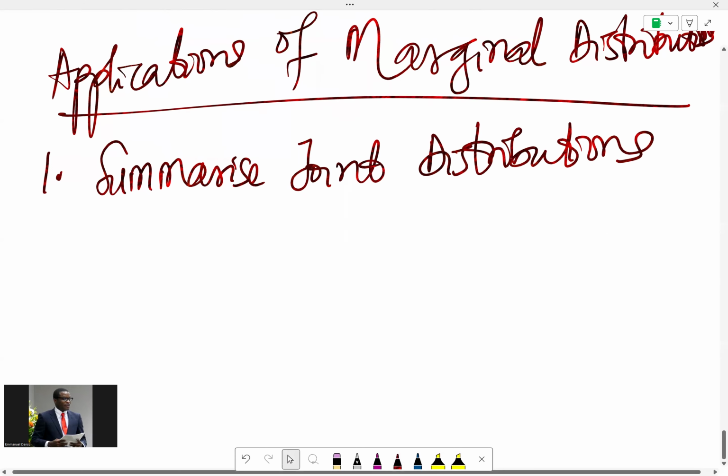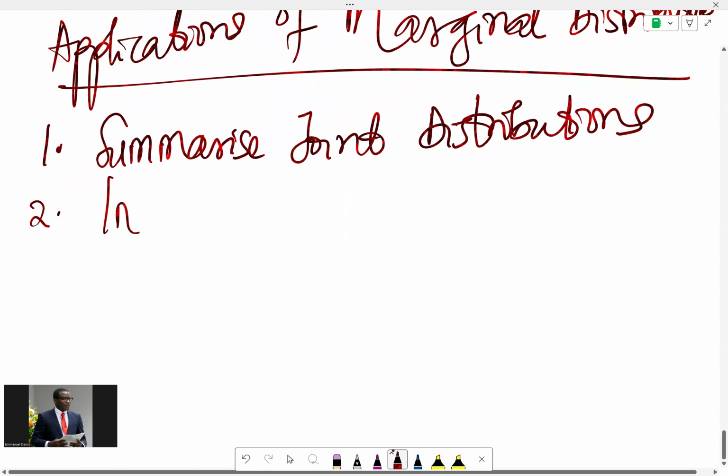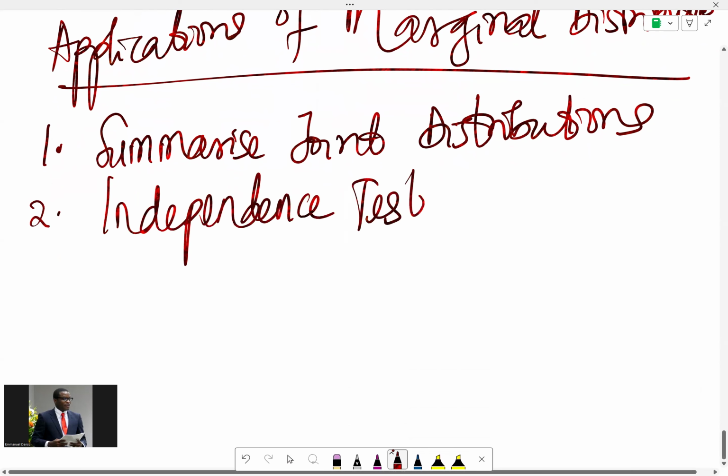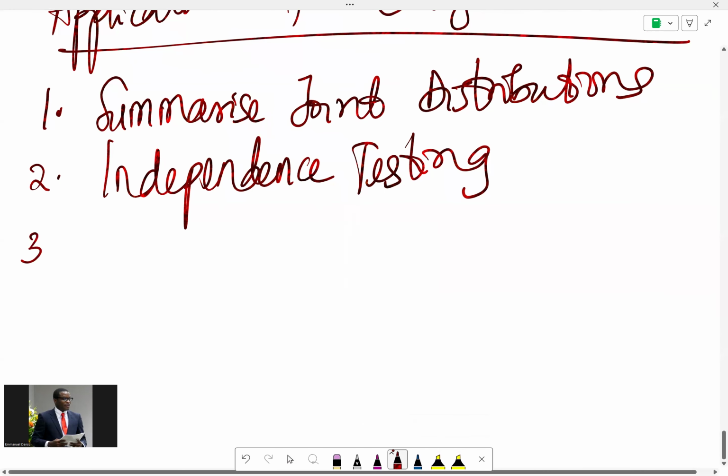So if you focus on each variable, you can get some insight which summarizes the joint probability distribution. Then it is also used for independence testing. If the marginal distribution of a variable equals the corresponding conditional distribution, the variables might be independent. So you can say the variables are likely to be independent. So you use marginal distribution for independence testing.